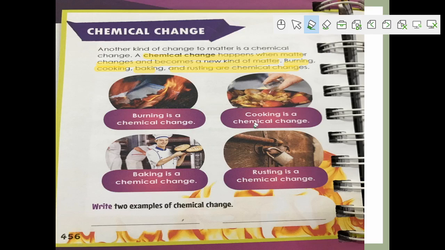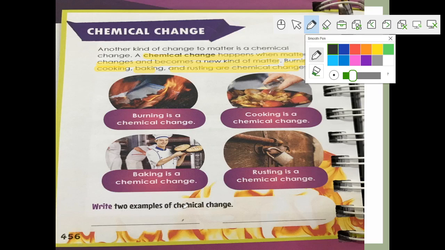Cooking also is a chemical change. We have new odors, a new matter, many things, okay? Baking also. And the last one, rusting. We will talk about all of them, okay?